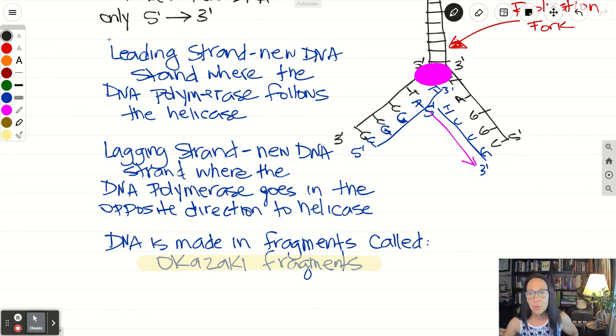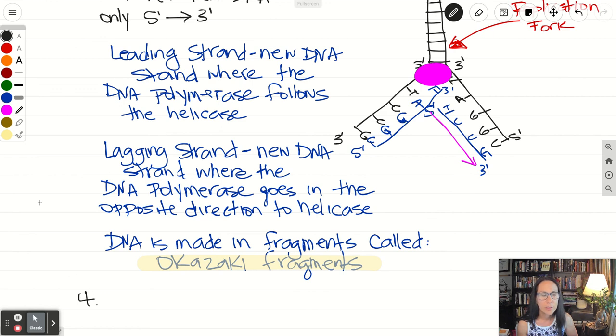So we have the leading strand, which is making one long continuous new DNA. We have the lagging strand, where the new DNA is being made in fragments. The last step is where all those fragments need to be glued together. That's done by an enzyme.